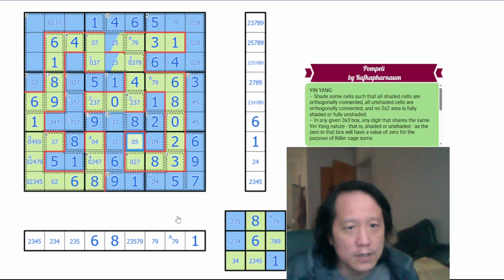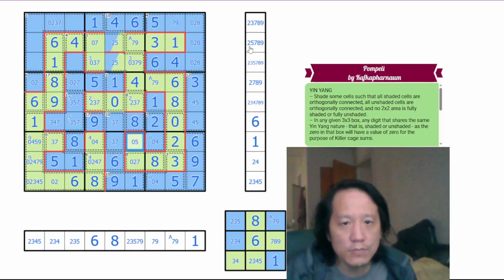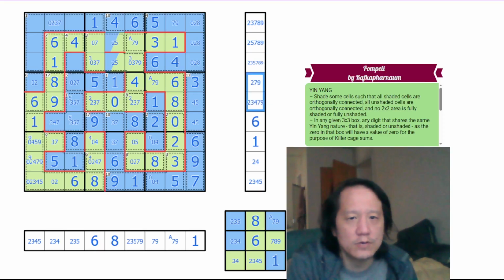So... Huh. So 8 has to be one of these 3 that we're missing. Or we could be missing 7, 9. 8 cannot be missing here. This can't be missing 2 because of the 2 in the row.